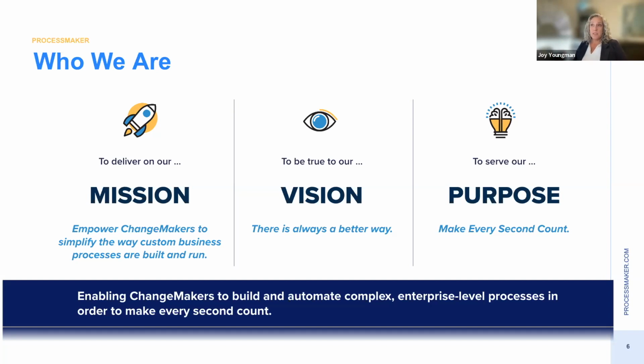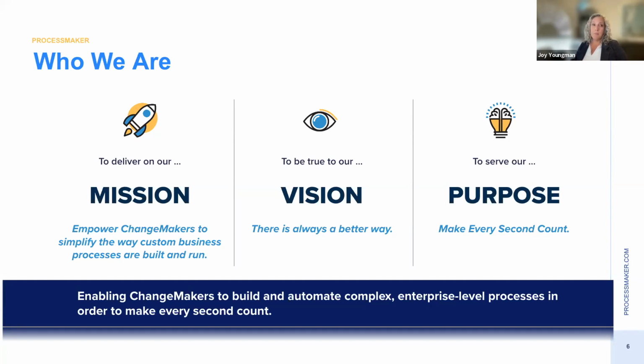So our mission at ProcessMaker is to empower change makers. I consider myself a change maker. If you're thinking about process improvement, then you're a change maker. We empower change makers to simplify the way custom business processes are built and run. And our vision is that there's always a better way to do something. The reason that we do this is because we have to make every second count.